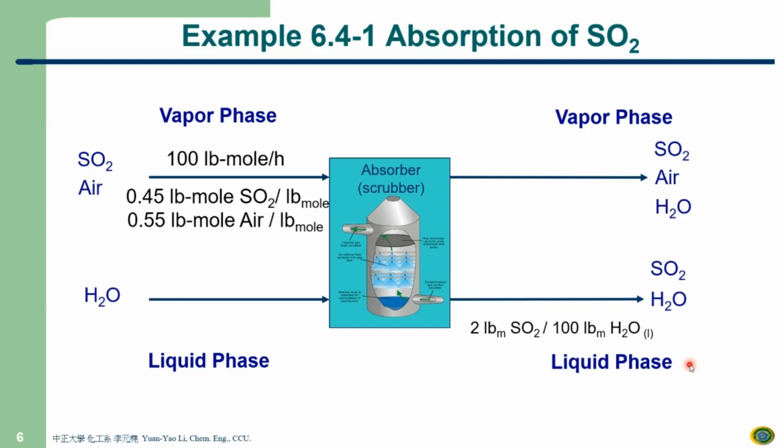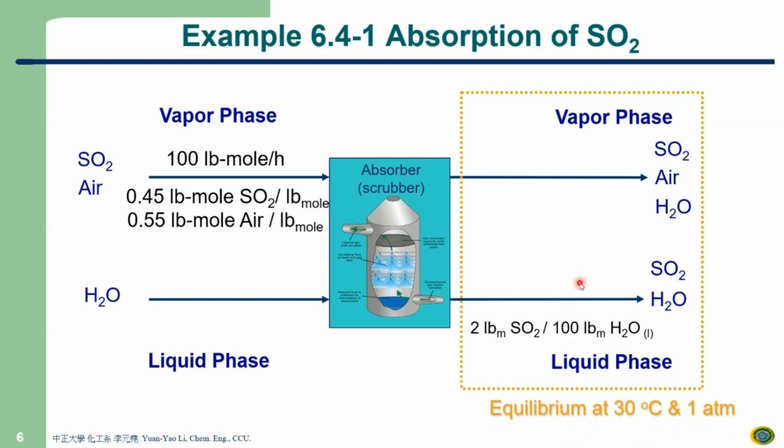Of course we know the molar fraction if we want to know. And then the text in example 6.4-1 tells us that this system reached equilibrium at 30 Celsius and 1 atm. So 1 atm is ambient pressure, and 30 Celsius is room temperature, right? Something like this.